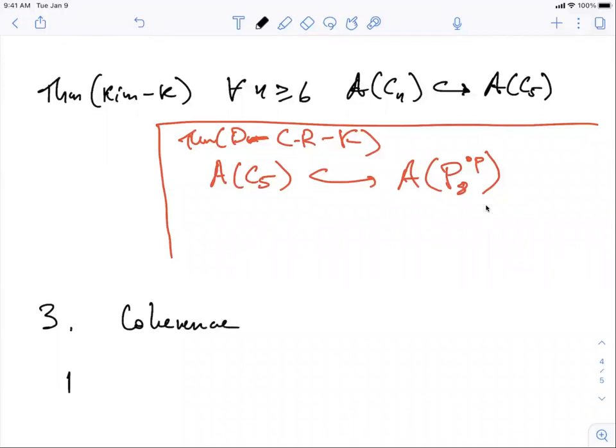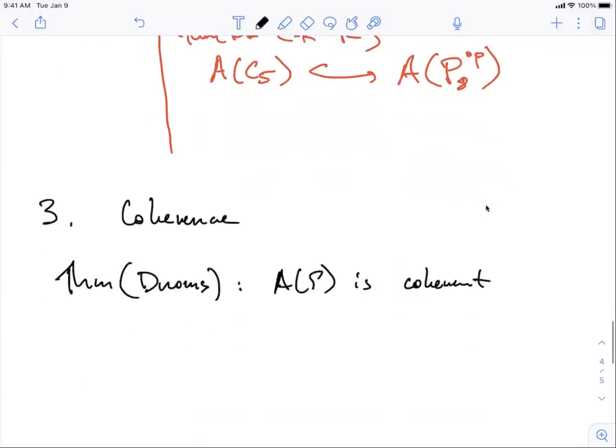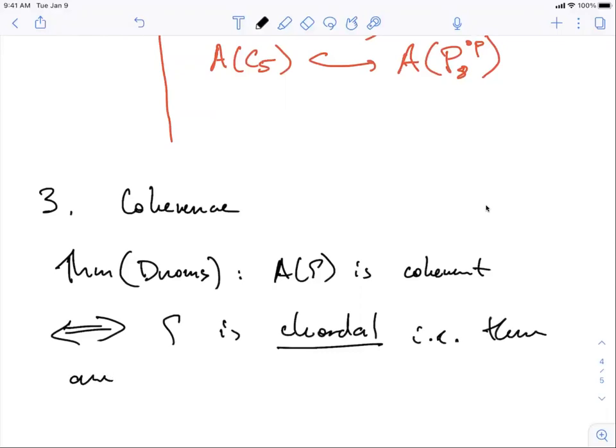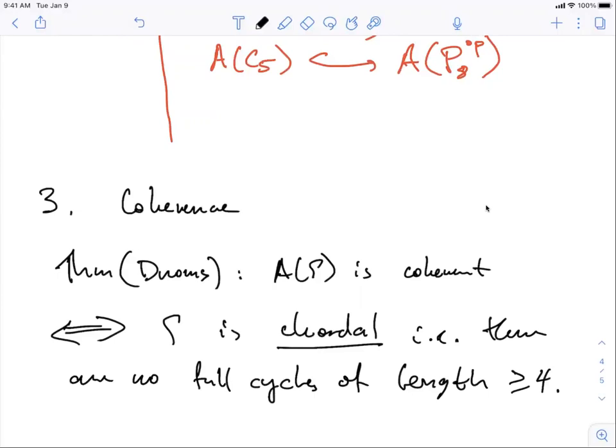There's a theorem of Droms that says the right-angled Artin group A of gamma is coherent if and only if gamma is chordal, which is to say, there are no full cycles of length greater than or equal to 4.